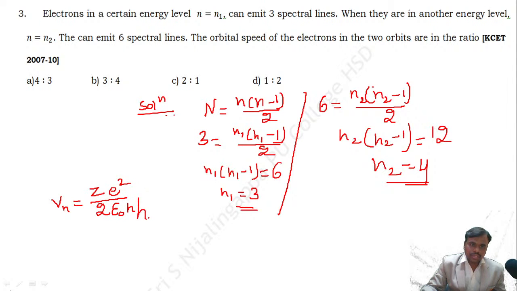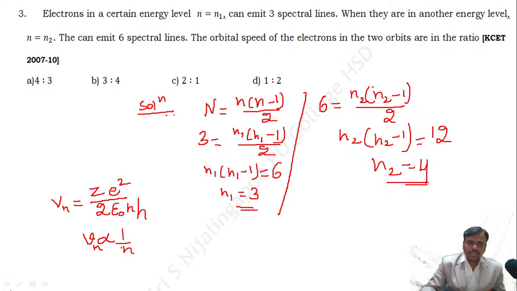Students, here z represents the atomic number of the given nuclei, e is the charge, epsilon naught is always constant, that is permittivity, n is variable, h is constant. Therefore, here velocity and orbital number both are variable. How are they related? They are inversely related. Therefore, we write Vn is inversely proportional to n.